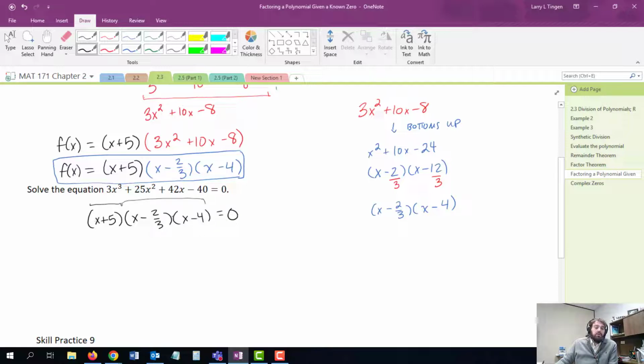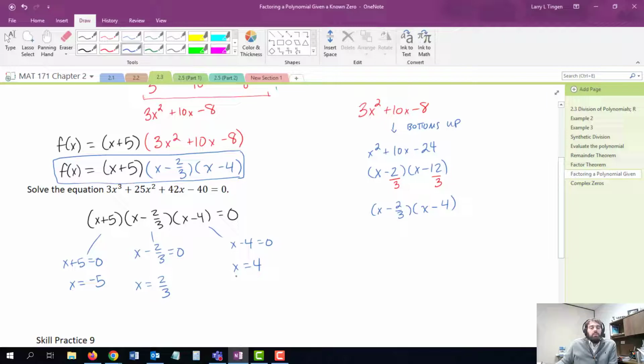So then this is 0, or this is 0, and then this is 0 means they break up evenly, if you want to get technical. But I don't think anybody's going to be bothered by that. So I now know that, take x plus 5, set it equal to 0 to solve. Take x minus 2/3, set it equal to 0 and solve. Take x minus 4, set it equal to 0 and solve.